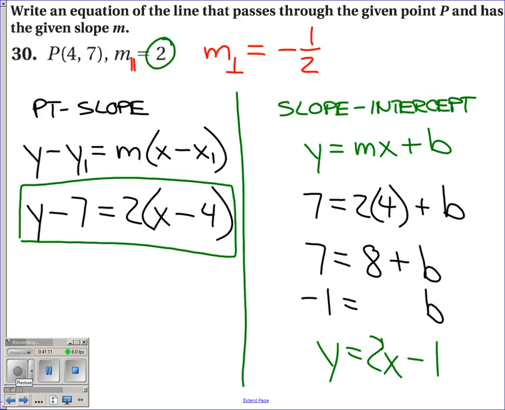Now that is for the line that goes through that point and is parallel, right?